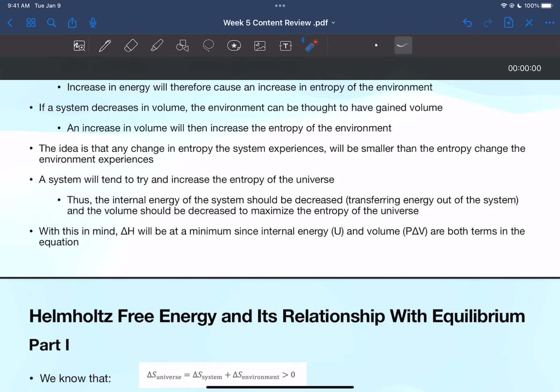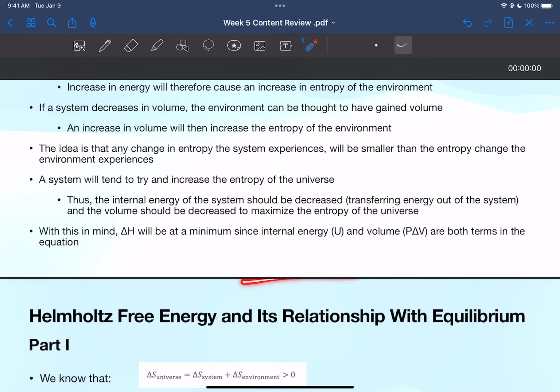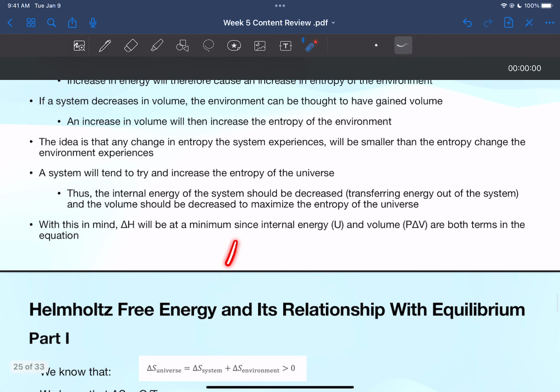Because remember, delta H is equal to delta U plus P delta V. So if U is brought down and delta V is brought down, both of those terms decrease, and so delta H is consequently brought down as well. So delta H is at a minimum when we're trying to reach equilibrium.